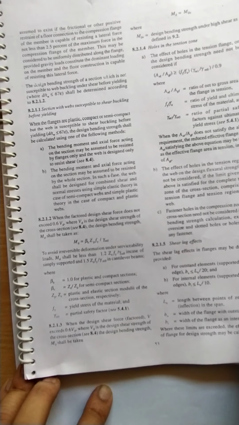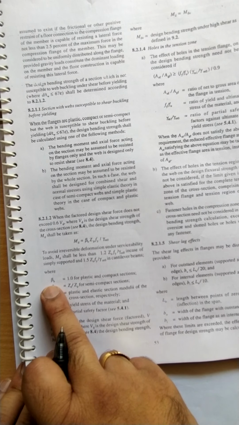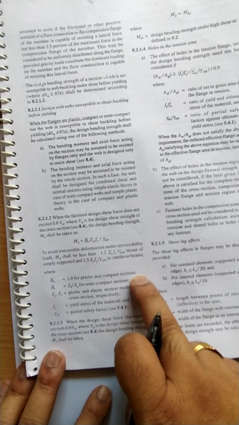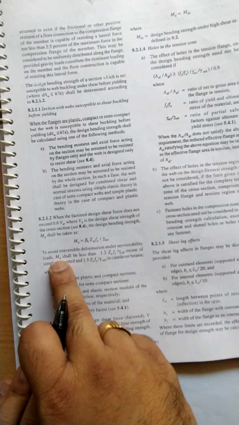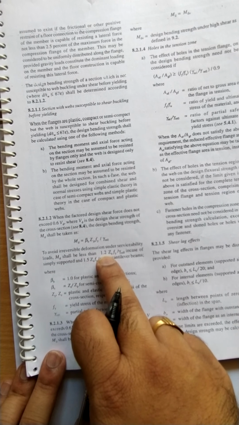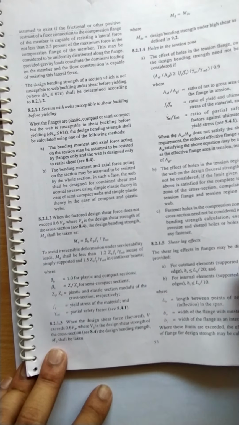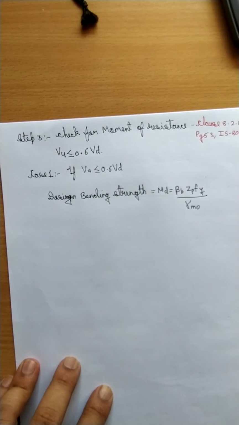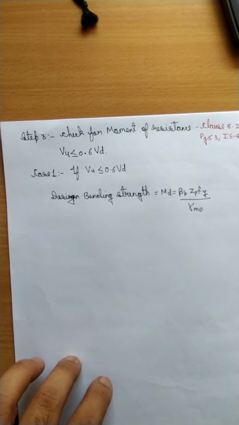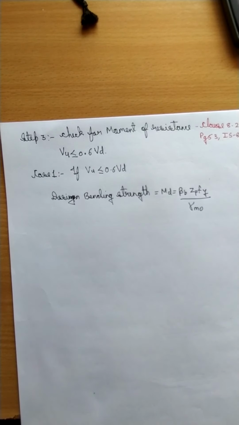Now it is clearly given that beta B is 1 for plastic and compact section, and here also we have MD shall be less than 1.2 ZE Fy divided by gamma m naught in case of simply supported. Our case is simply supported, so it should be less than equal to 1.2 ZE Fy divided by gamma m naught.